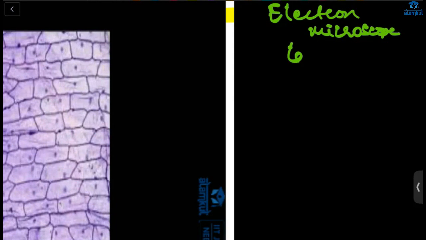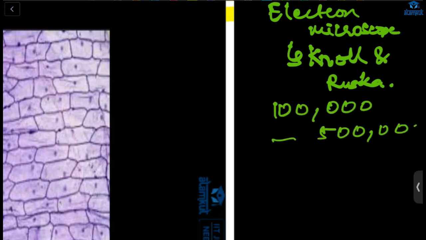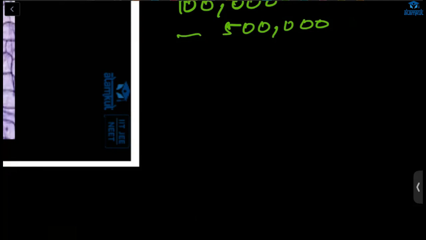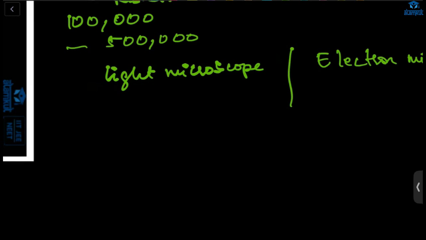It was discovered by Knoll and Ruska. Here, the magnification is up to this much. Now, let's compare light microscope to electron microscope. Light microscope uses sunlight for the illumination of the specimen, whereas electron microscope uses electrons.